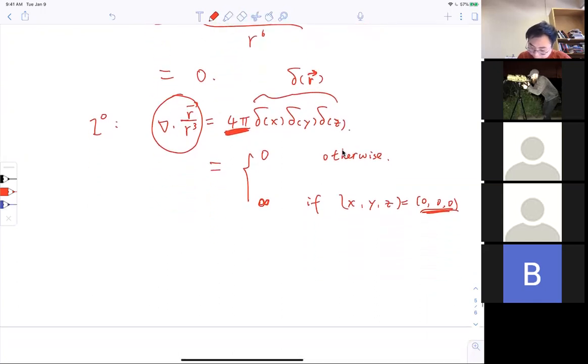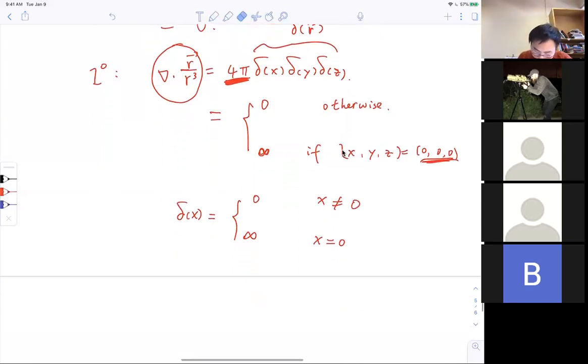For that function, the definition of delta x is like this: it's 0 if x is not equal to 0, and it's infinity if x equals 0. This is a continuous delta function.